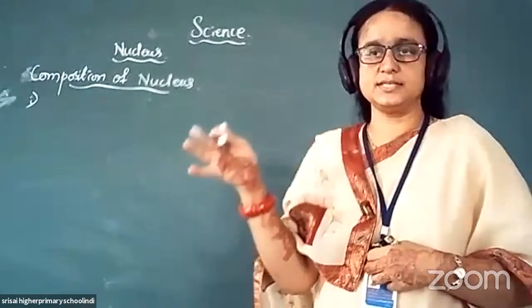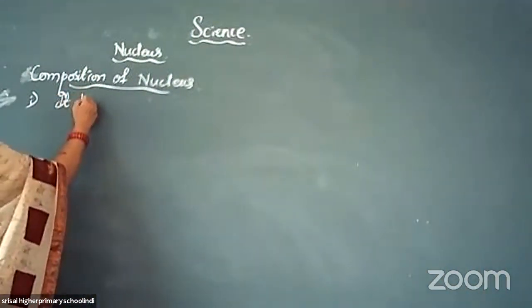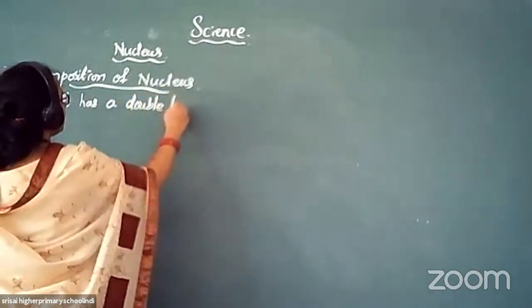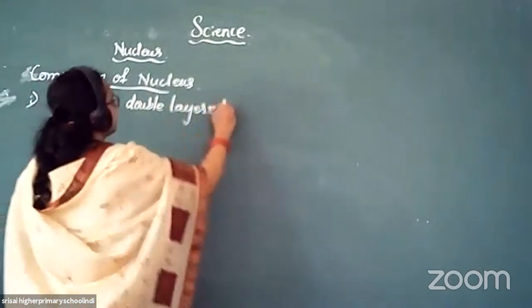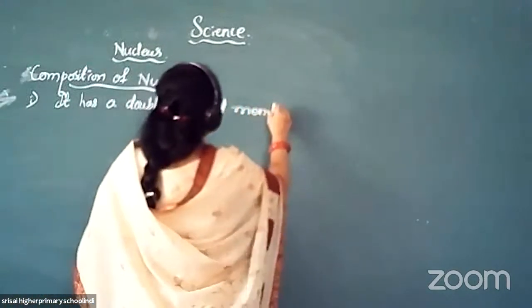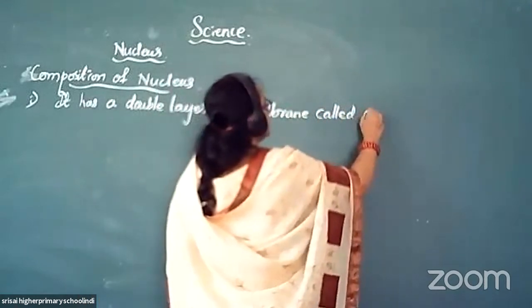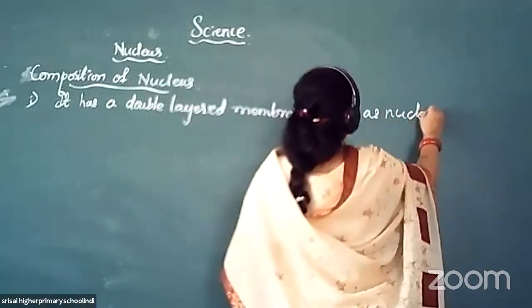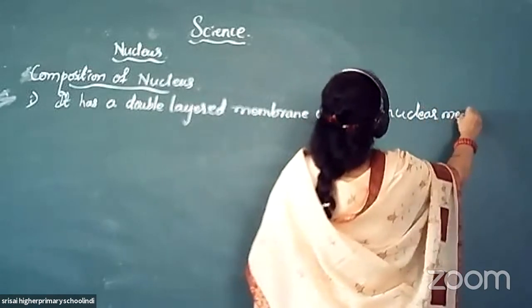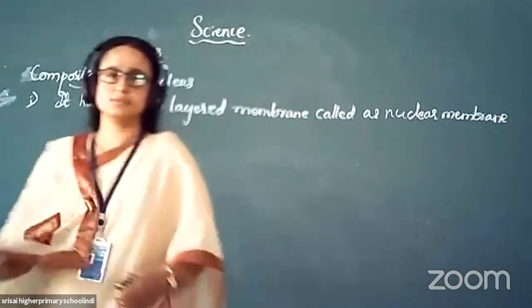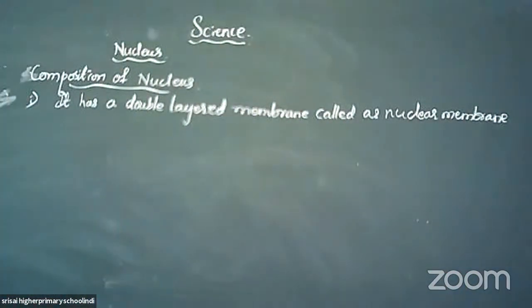As with the cell, in a similar way the nucleus has a double layered membrane, called the nuclear membrane. Did you study anything else about the nuclear membrane? It has pores in it.